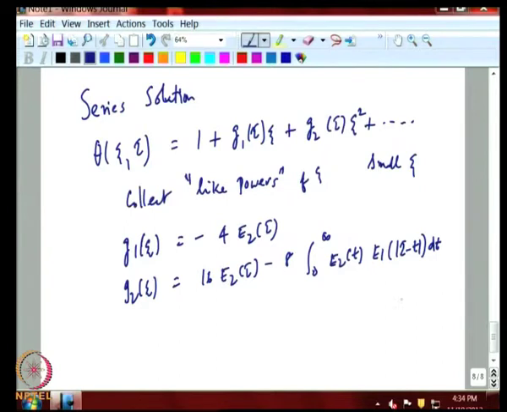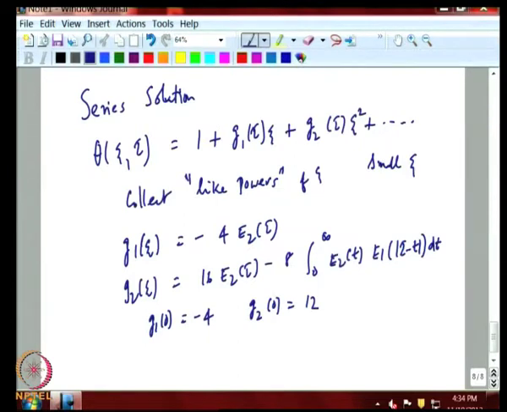and when you solve this equation at the origin, G1 of 0 will come out as minus 4 and G2 of 0 will come out as 12. Okay. This is to satisfy your boundary condition at psi equals 0.